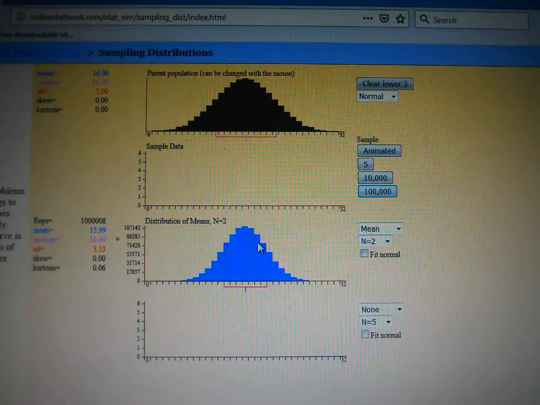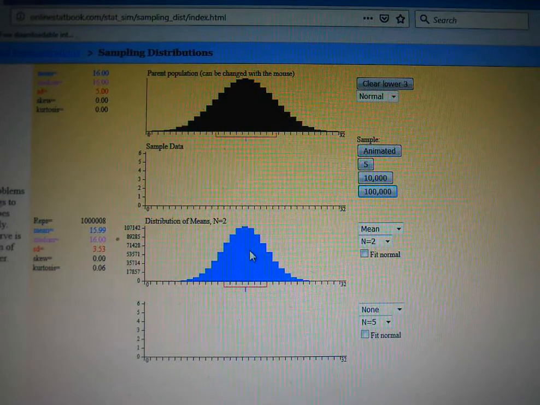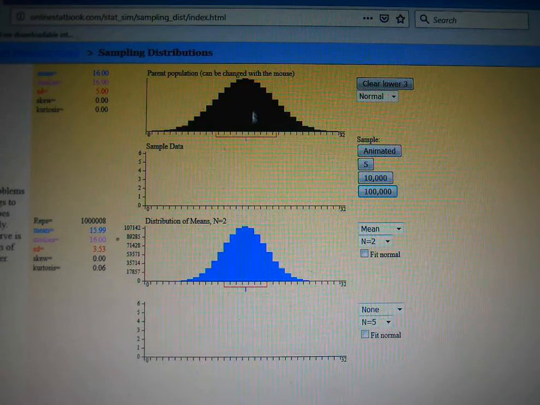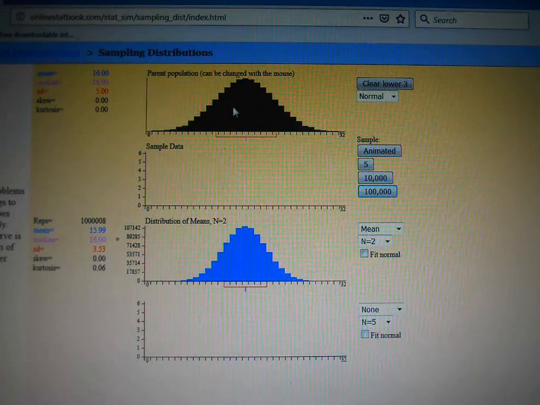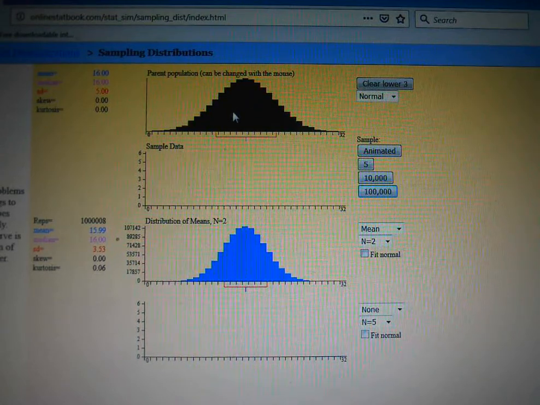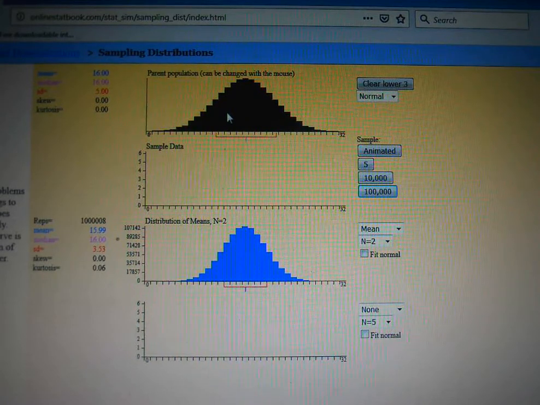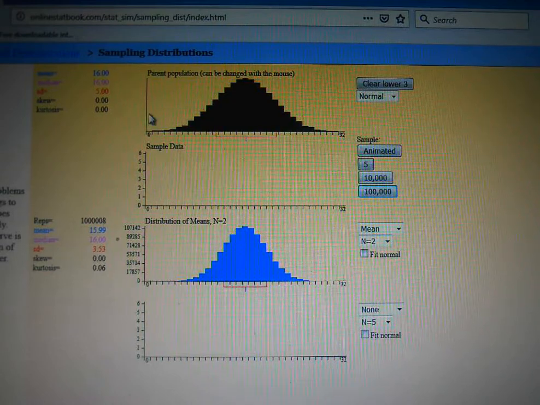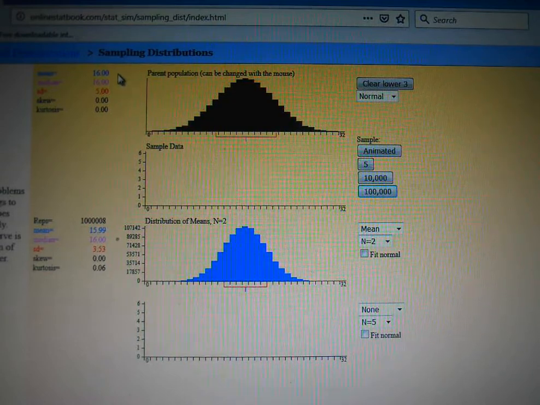Okay, so this blue distribution down here is the sampling distribution of sample means, the SDSM. And what you might notice is that it's a little more narrow than the original parent population. And notice that the mean, 15.99, is very close to the mean of the original, 16.